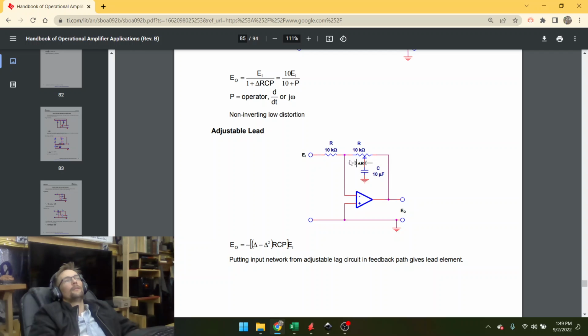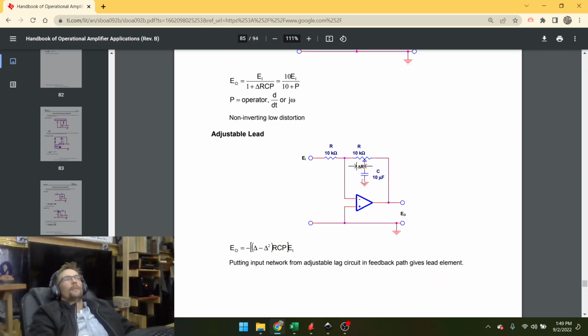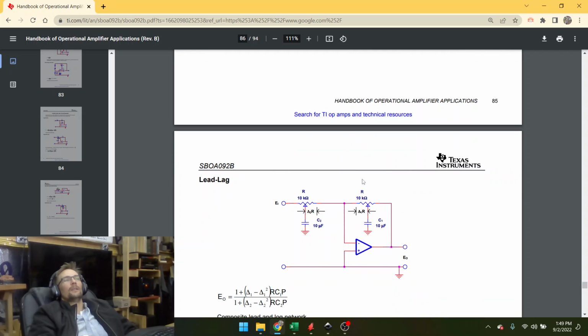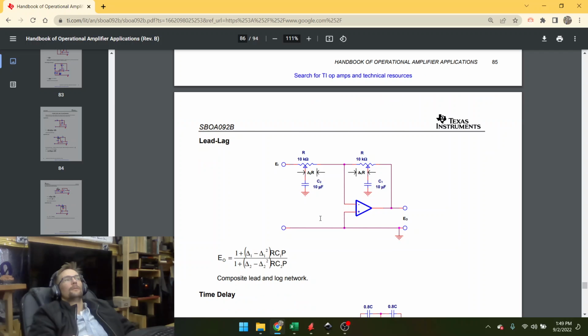Adjustable lead. Lead, lag. It's supposed to be lag, right? So this guy creates the lead and this creates the lag.